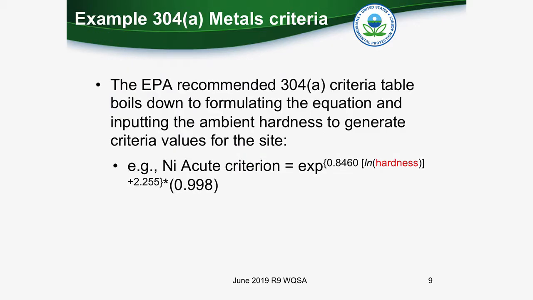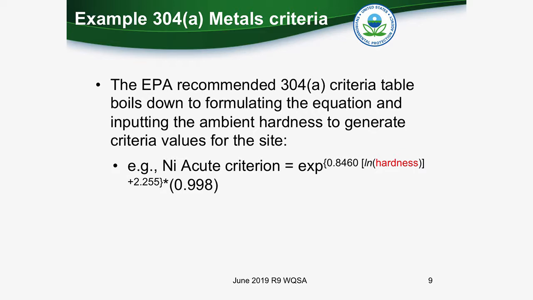So I'm going to show you the equation for the hardness adjustment that's been in our standards for thousands of years, I think. And it looks like a fancy equation, but basically, this is just a linear equation in log space. And at the end here is just a number to convert it from total to dissolved.